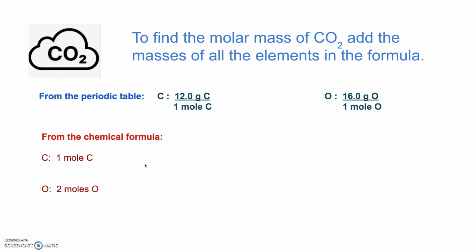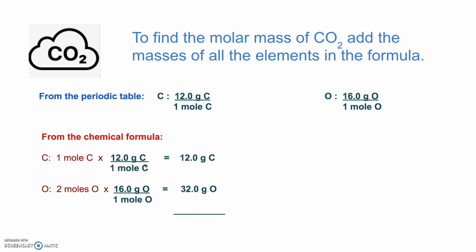From the chemical formula, what we can learn is that if we had a mole of CO2, it would contain 1 mole of carbon atoms and 2 moles of oxygen atoms. So we can put those things together. We can use the molar masses of the elements as a factor to figure out that if we had a single mole of CO2, it would have this many grams of carbon in it.